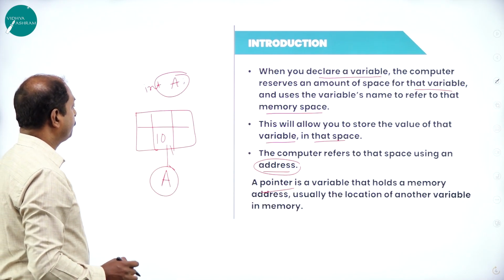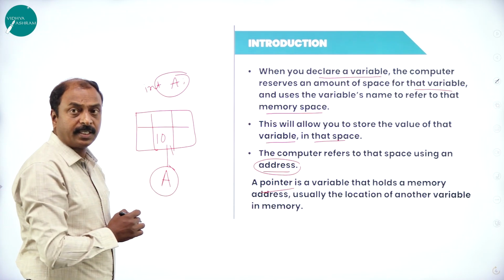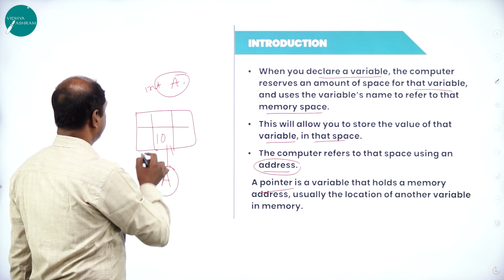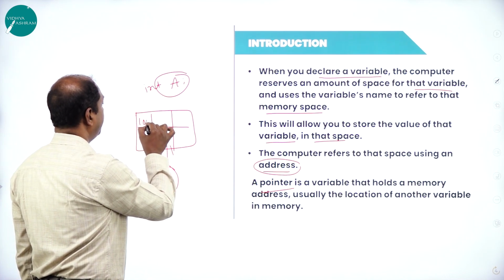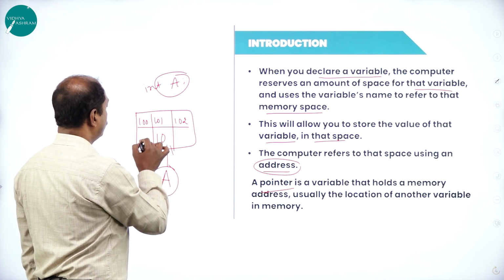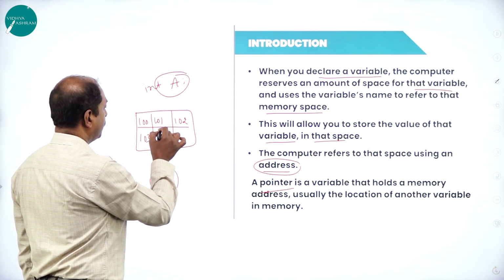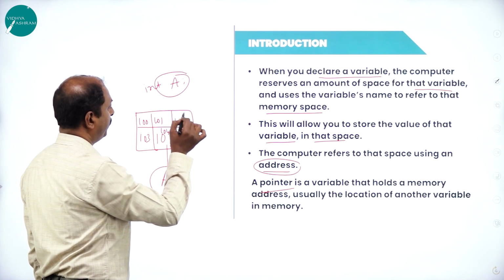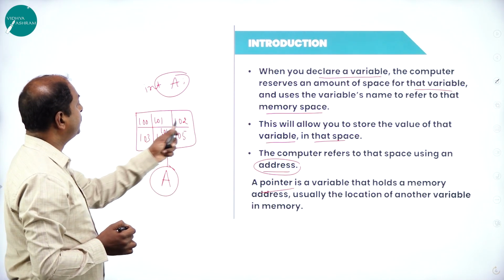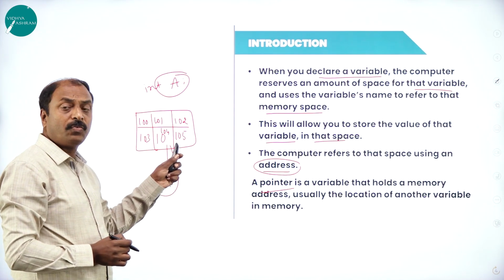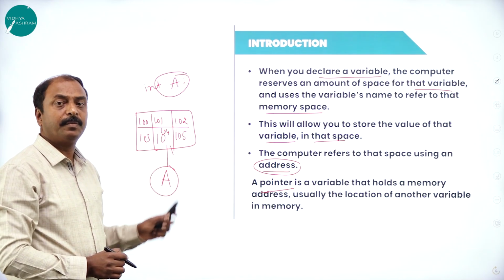For example, this is the memory cell and these are the memory addresses of the cells: 100, 101, 102, 103, 104 and 105. We assume that these are the memory addresses of particular cells in computer memory.